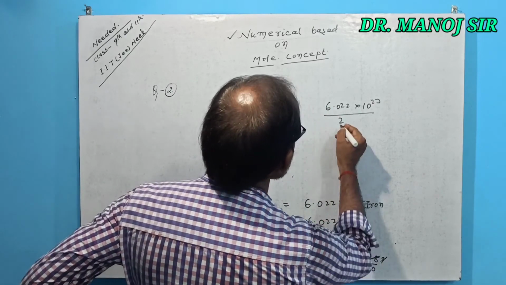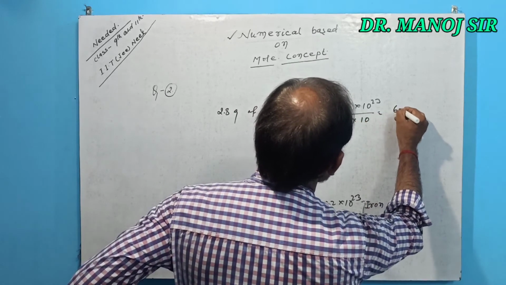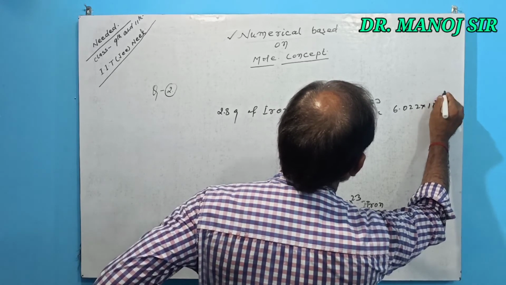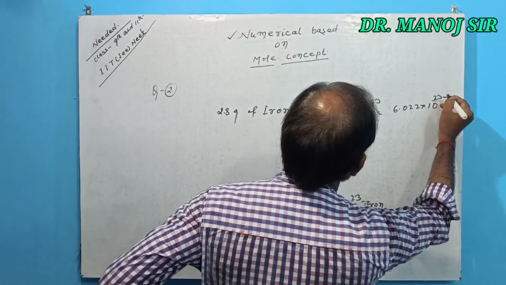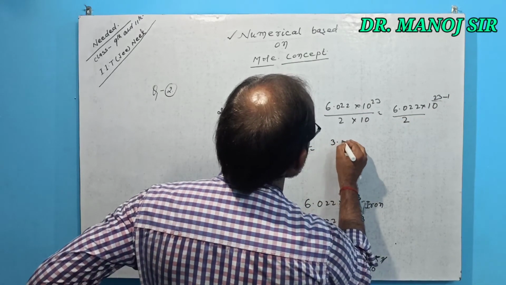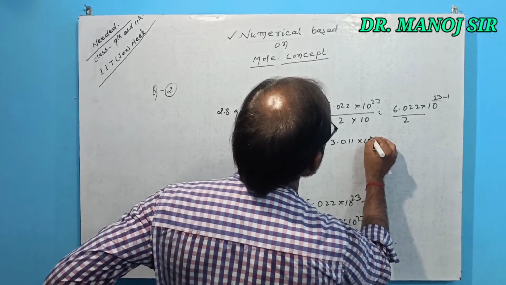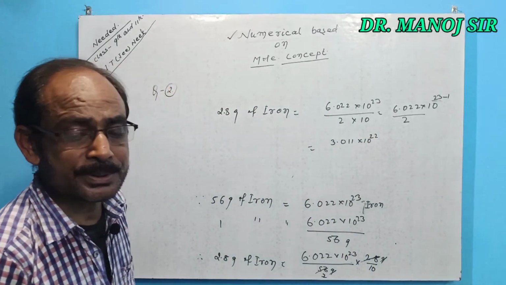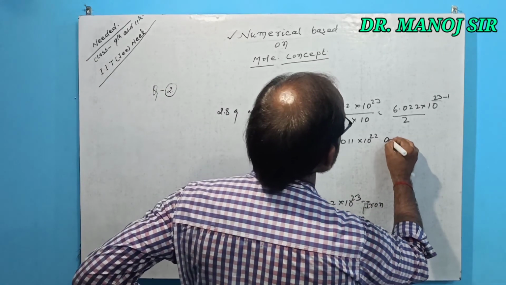Therefore, that is 6.022 into 10 to the power minus 23 minus 1 by 2, that is 3.011 into 10 to the power 22 atoms.